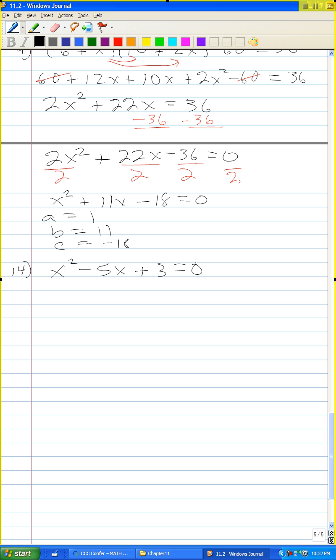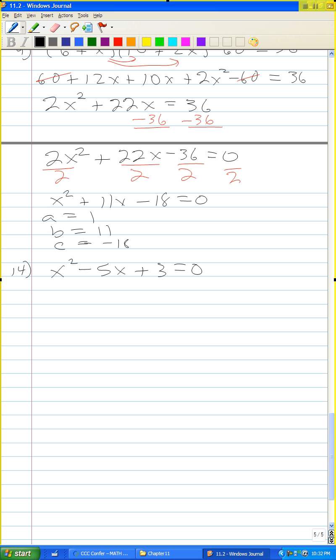In exercises 11 through 50, use the quadratic formula to solve the equation. Okay, so let's do that. And so let me write down the quadratic formula first.